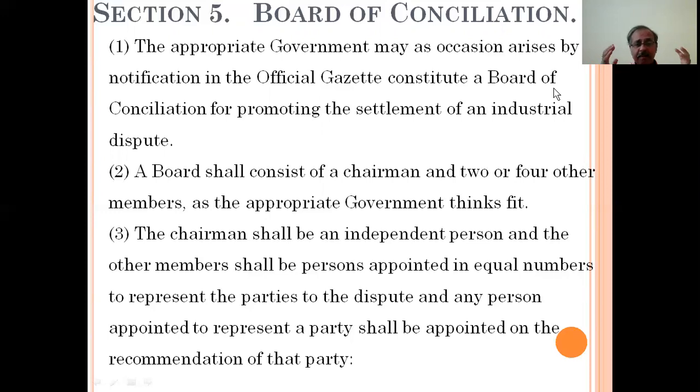The chairman shall be an independent person and all other members are appointed in equal numbers from the representatives of the parties to the dispute. That means we can say employer and employees.